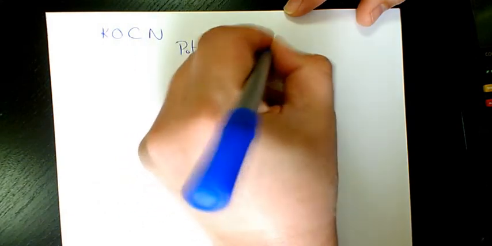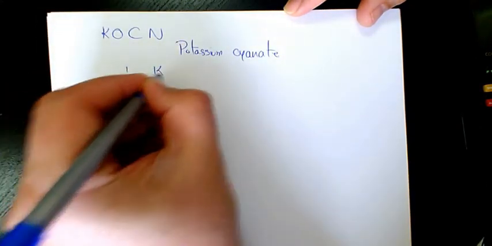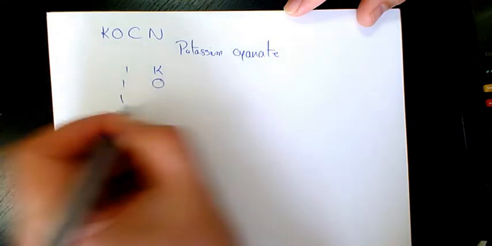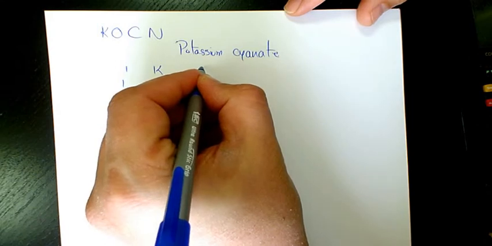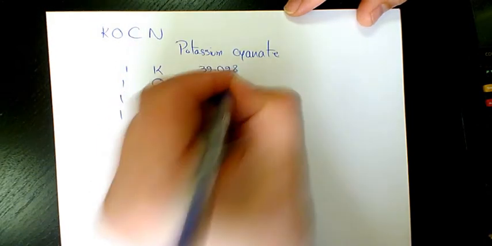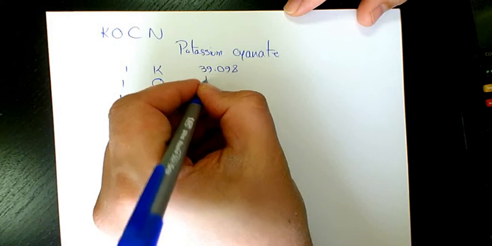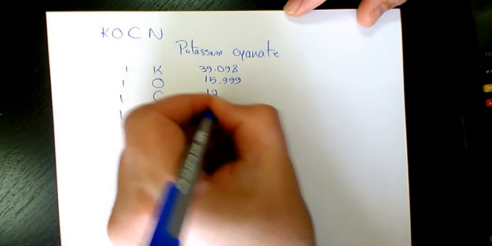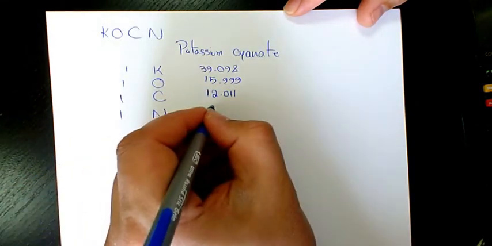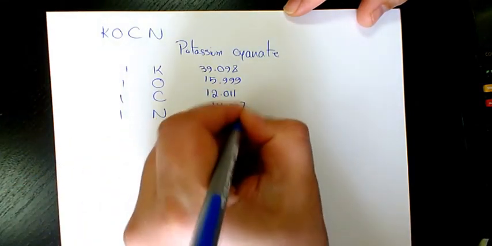Next one is KOCN, which is called potassium cyanate. You have 1 atom of potassium, 1 atom of oxygen, 1 atom of carbon, and 1 atom of nitrogen. So potassium is 39.098, oxygen is 15.999, carbon is 12.011, nitrogen is 14.007.